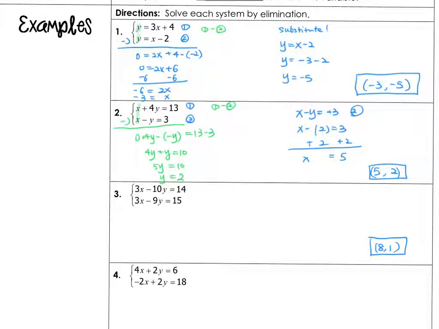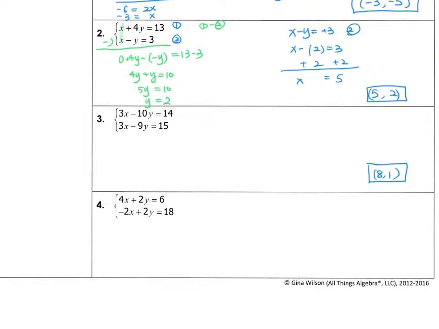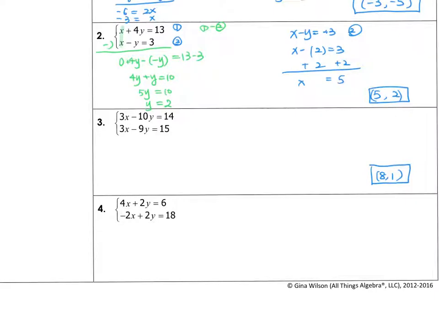Make sure to pause the video and then come back to number 4. I'm going to move this up a little. So number 4, notice that the common coefficients are here, and they're exactly the same. So in order to eliminate that, I have to use the first equation subtracting the second one.